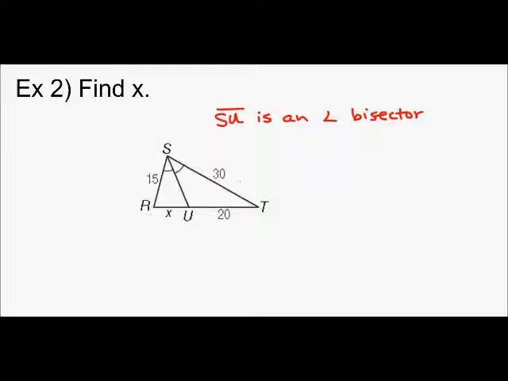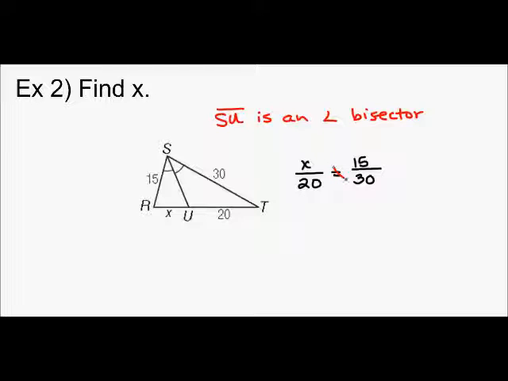So I can set up my proportion, x over 20 equals, which number goes with x? 15 goes with x. They're both on the same side of SU. So 15 over 30 must go with 20.